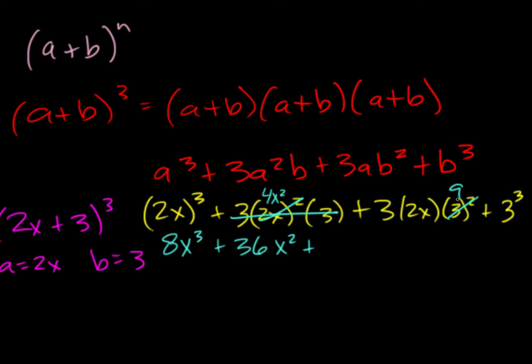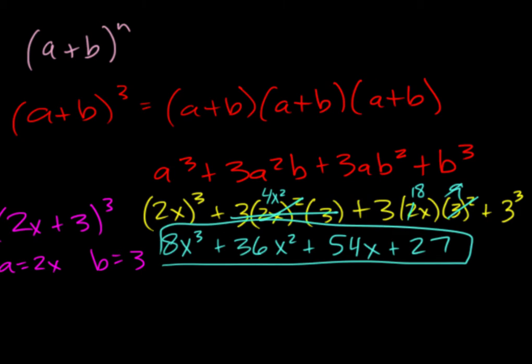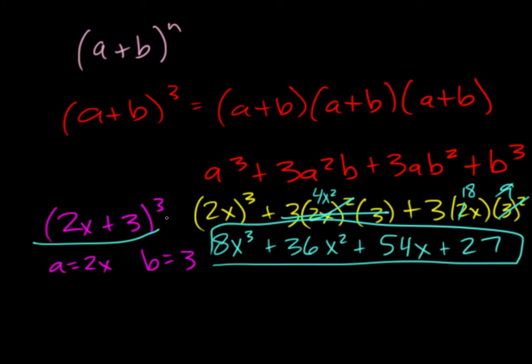This is going to be a 9. 9 times 2 gives us an 18. 18 times 3 is going to give us 54, so we get 54x. And then 3 cubed is going to give us 27. And that's the answer for that. So this is equivalent to this.